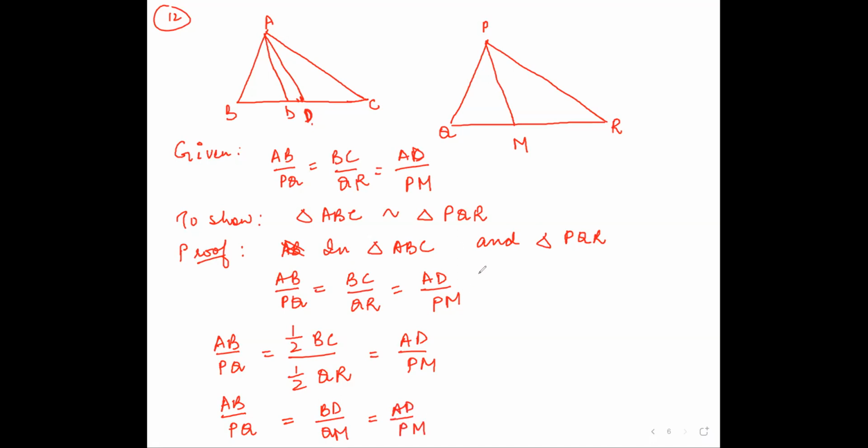Now I take the small triangles, which I need to show similar. This one. Oh, no, sorry. Full triangle, I have to show similar. ABD and PQM.